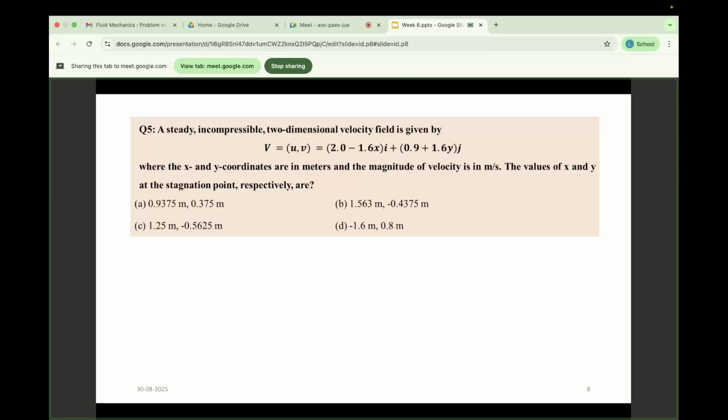So this is another question regarding a steady incompressible 2D velocity field. You are asked to find the velocity components x and y at the stagnation point. So please try, it's a simple question.